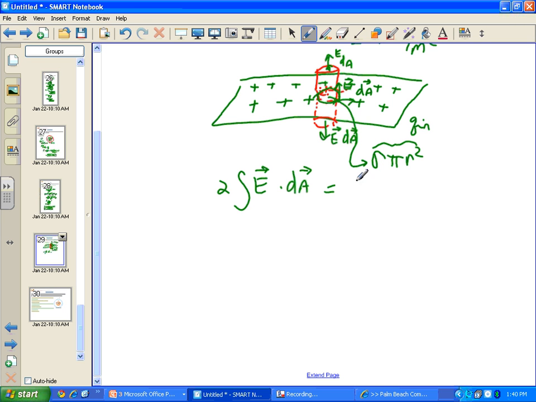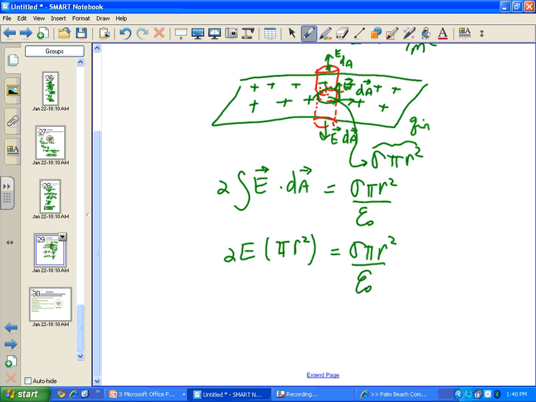Well, let's see. 2 times the electric field times the area of the cylinder, and of course 2 times means we're taking into account the top and the bottom, equals sigma times pi r squared over epsilon naught.